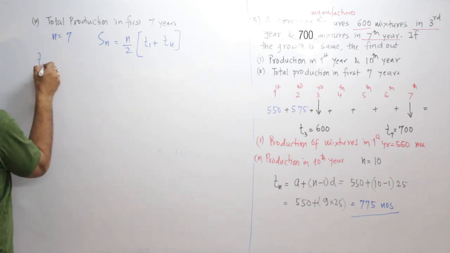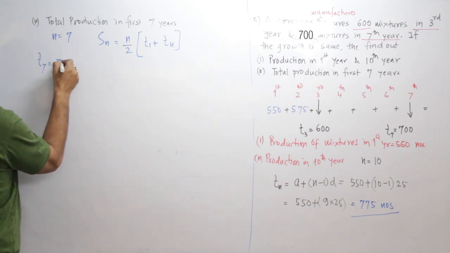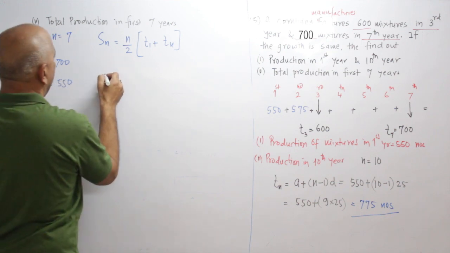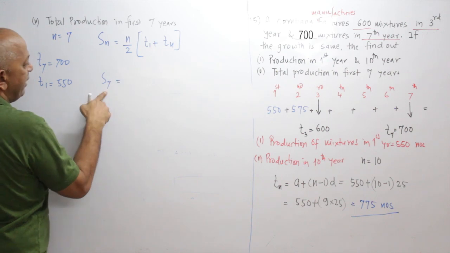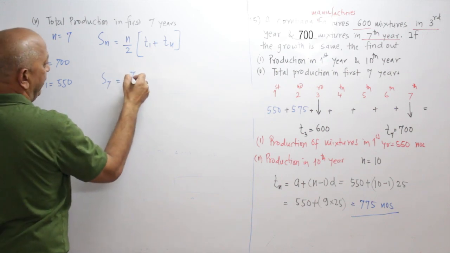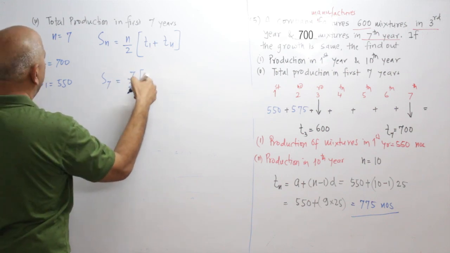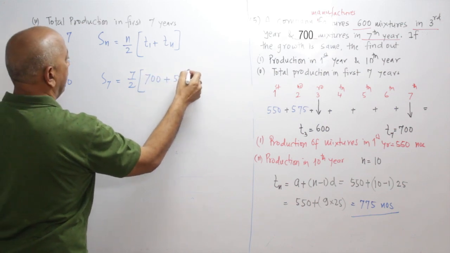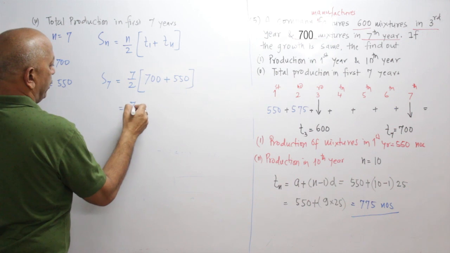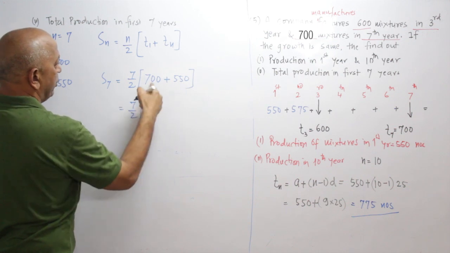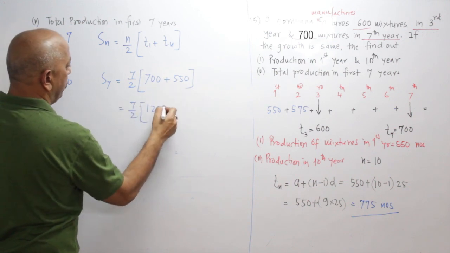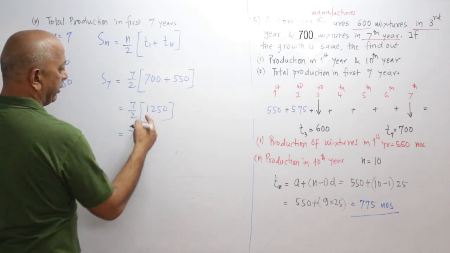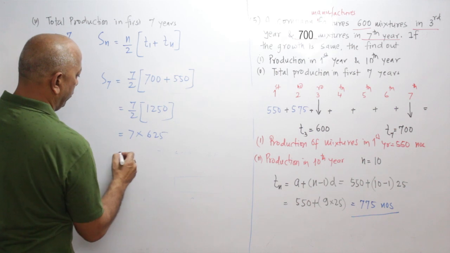T7 we know is 700, first term T1 we know is 550. So 7 by 2 into (700 plus 550), that is 1250. So 7 by 2 into 1250, you can calculate.